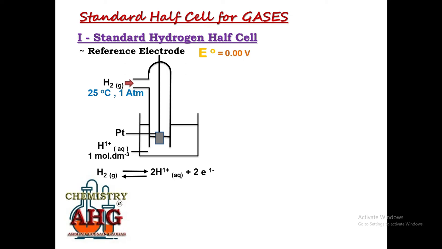And if you connect this standard hydrogen half cell with some non-metal, non-metals prefer to undergo reduction easily, so the non-metal half cell will become the cathode, and in that case the hydrogen half cell will become the anode. So remember, the hydrogen half cell can become anode as well as cathode depending on the half cell to which it is connected.